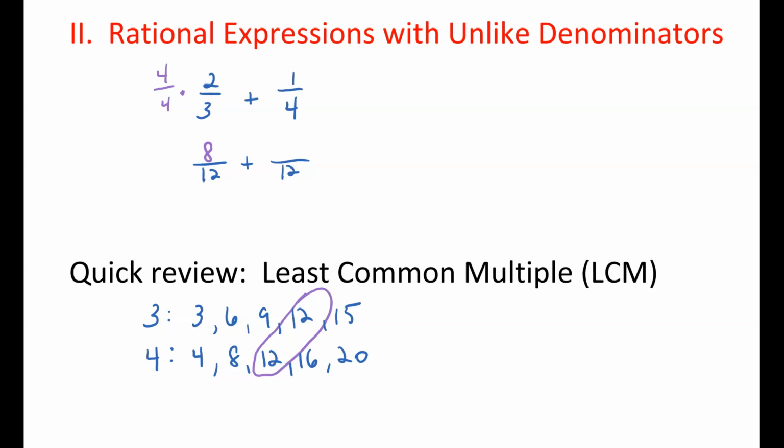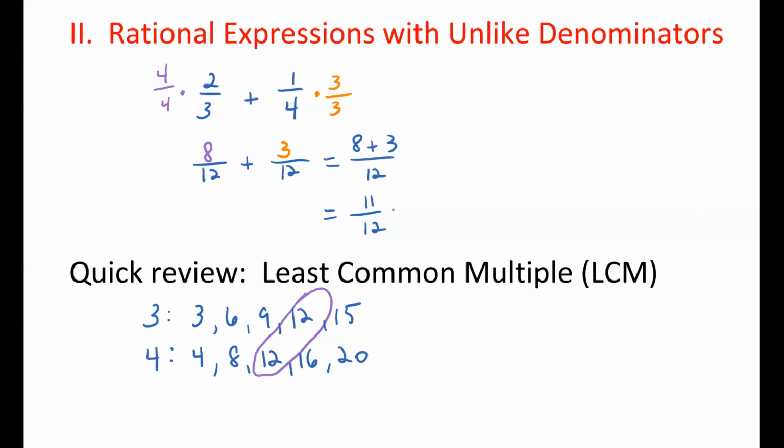And for our second term, in order for 4 to go to 12, we have to multiply it by 3. So if we multiply the denominator, we also multiply the numerator, so we get 1 times 3 is 3. Now we have a like denominator. We can add across, 8 plus 3 over 12, which is 11 over 12.